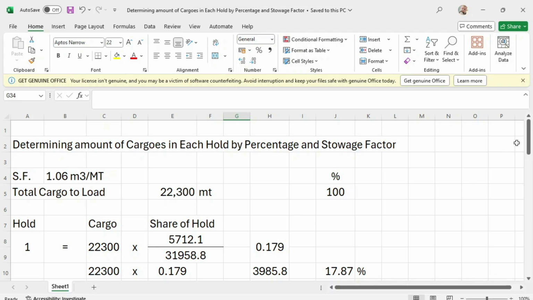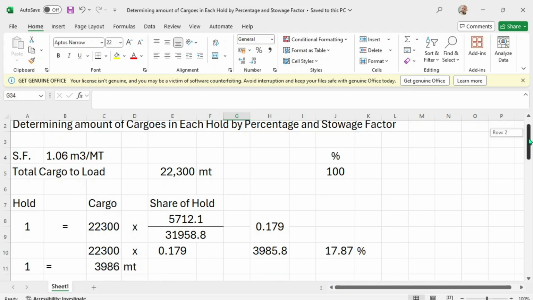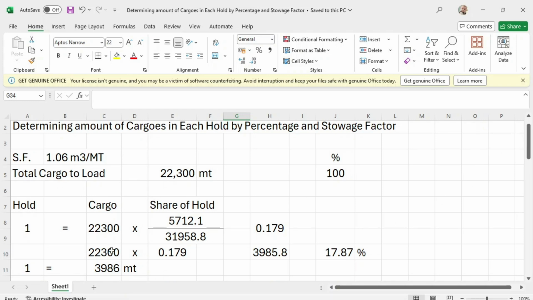Okay. Now, the formula, since you have the total cargo, so it is here share of hold, which is the hold capacity. You divide it by your total cargo hold capacity of 31958.8. That is hold number 1.